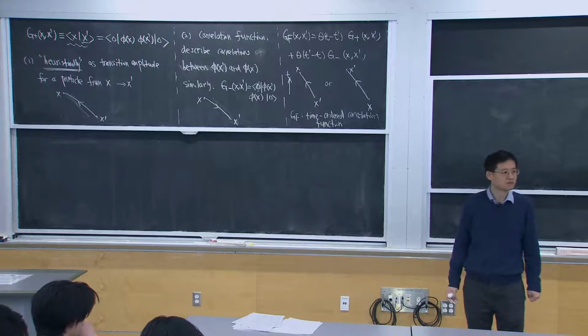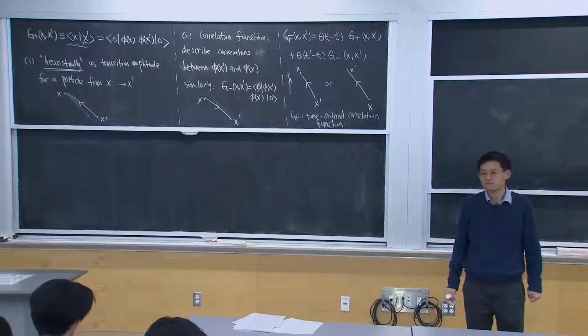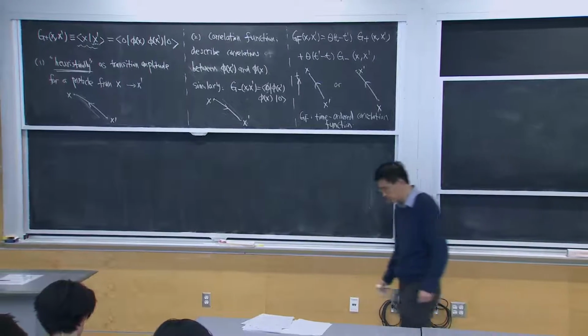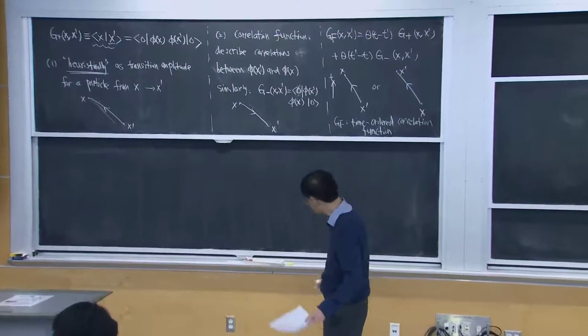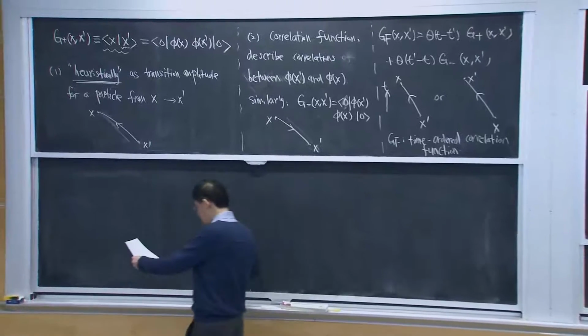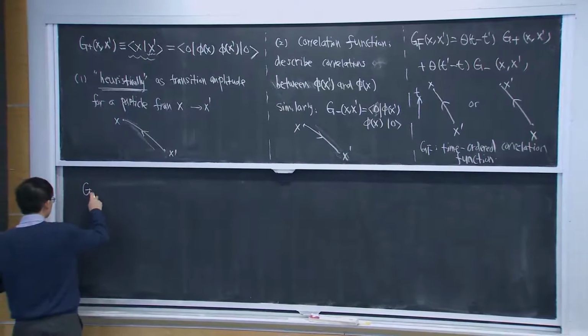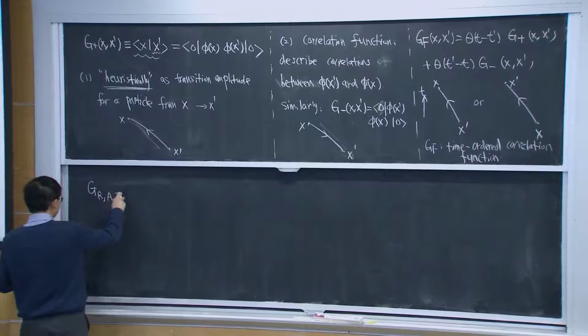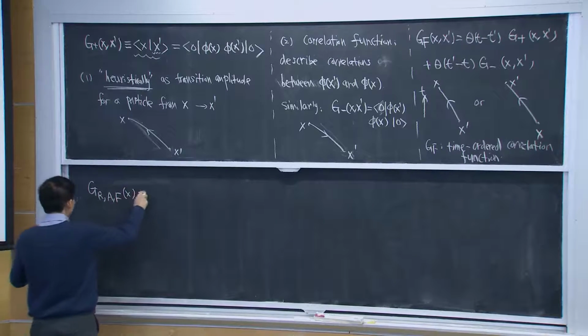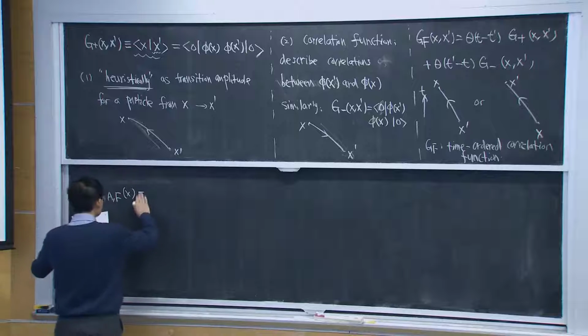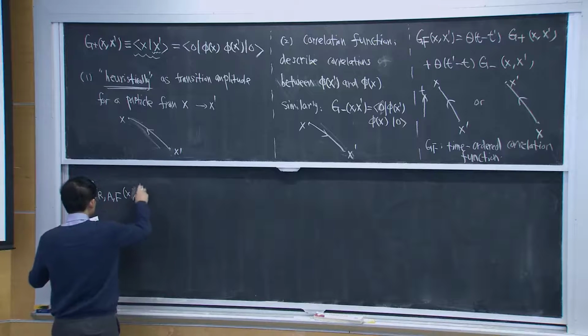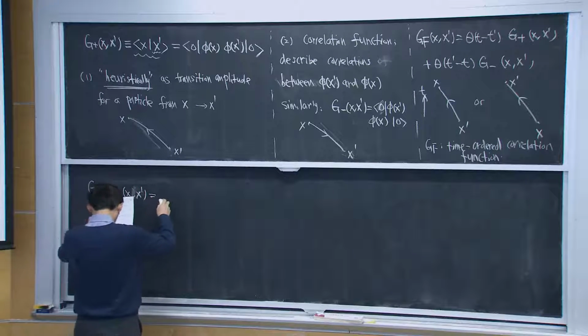Other questions? Okay, good. So we also discussed, so we wrote down this formula for R, A, F, say in coordinate space, x minus x prime, can be written as a Fourier transform.